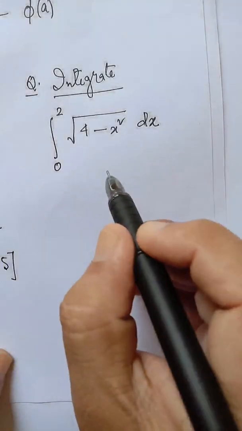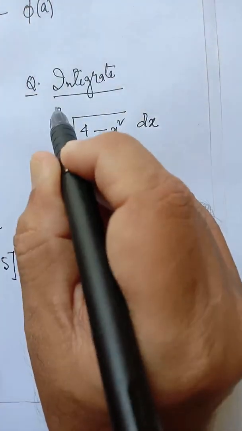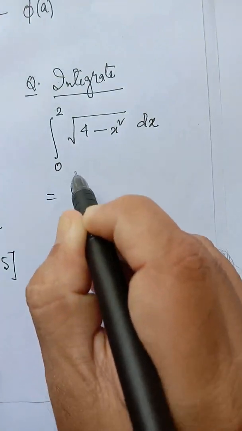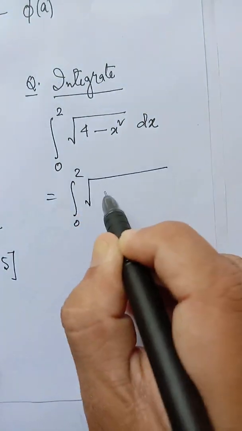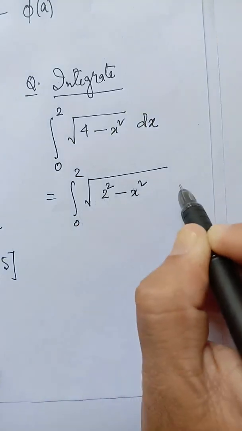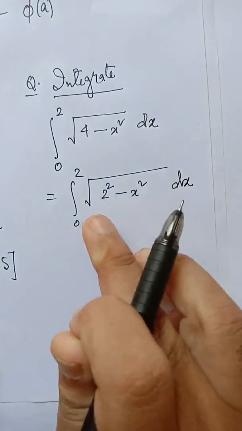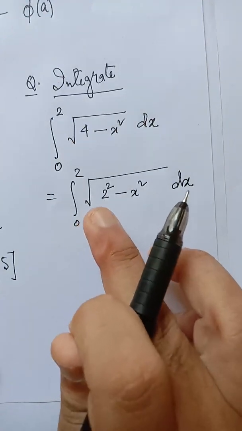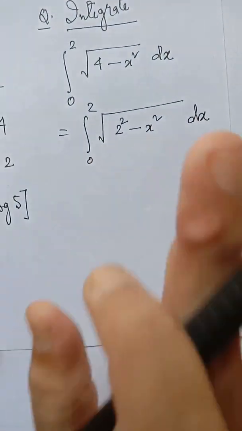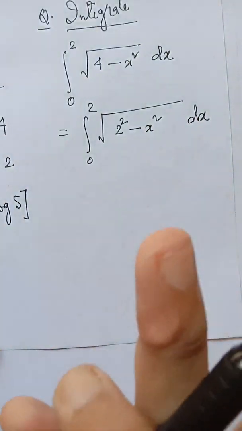Next question is to integrate from 0 to 2 root over 4 minus x square dx. 4 you can write as 2 square, so it will be root over 2 square minus x square dx. This integral is of the form root over a square minus x square dx, and we have already done this in the chapter on special integrals.